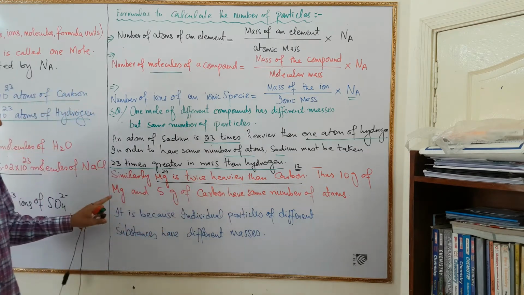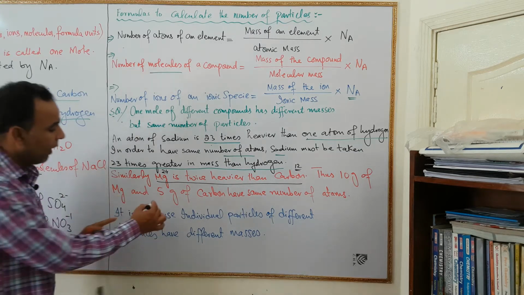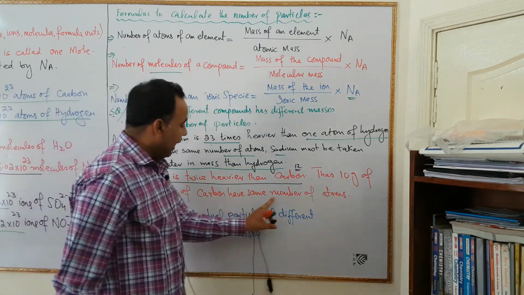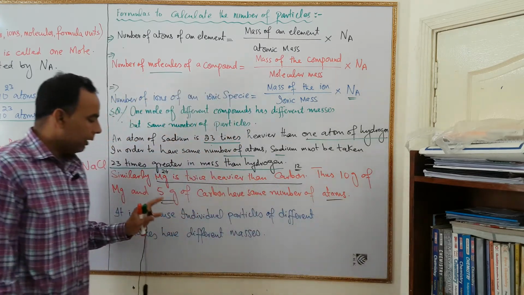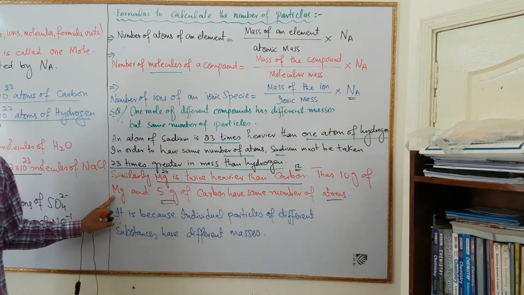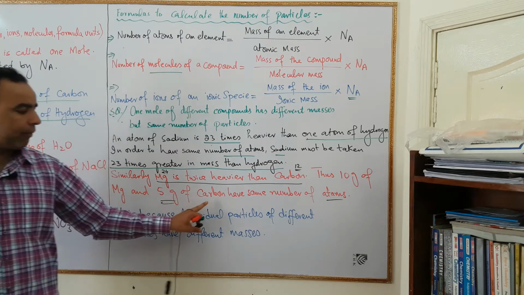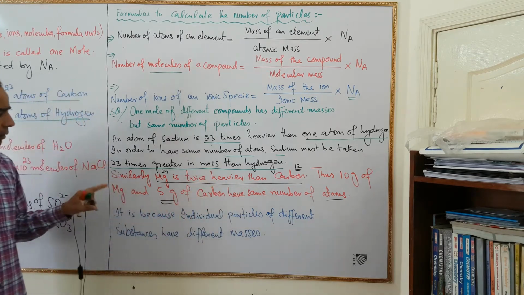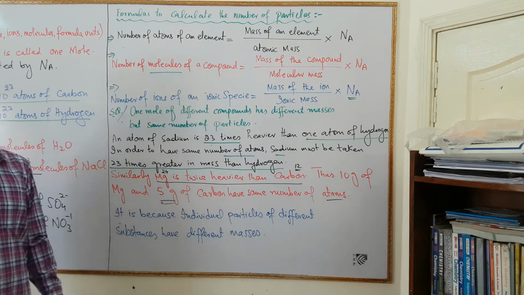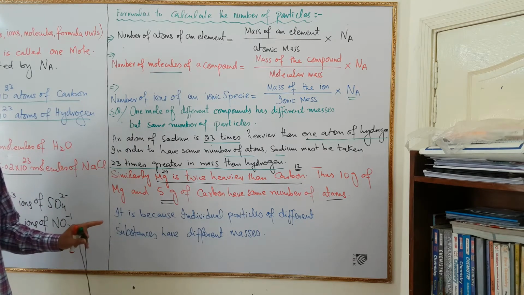Thus 10 gram of magnesium and 5 gram of carbon have same number of atoms. It's very simple that if we take 10 gram of magnesium and 5 gram of carbon, then both will have same number of atoms, because magnesium is twice heavier as compared to carbon.